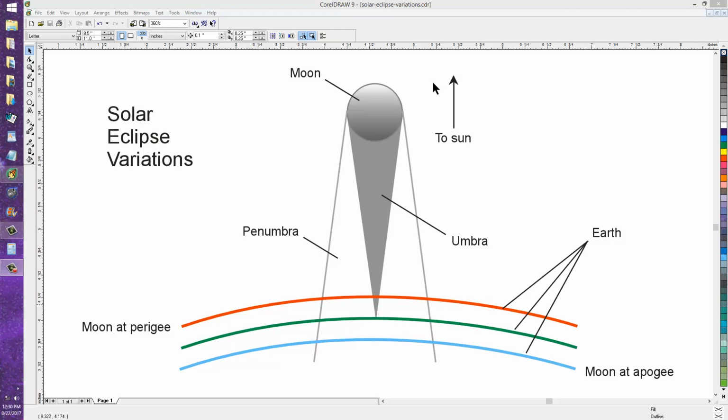That would increase the chances that the moon would totally cover the sun's disk at totality.